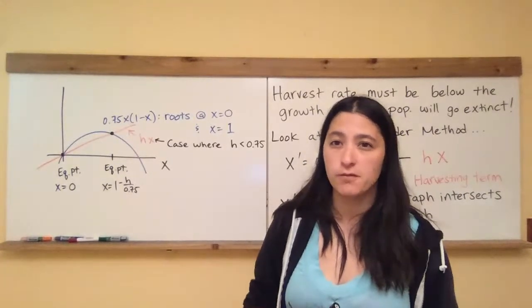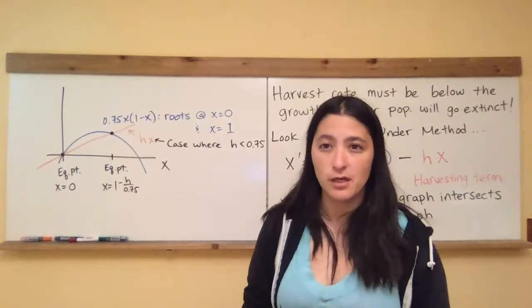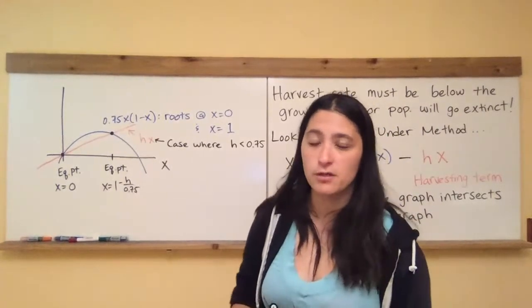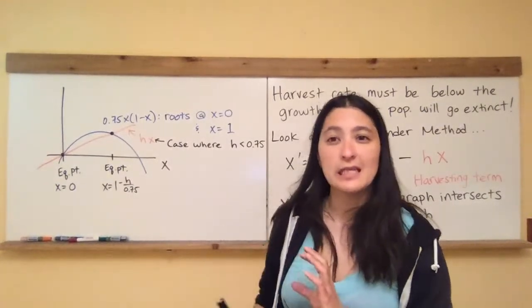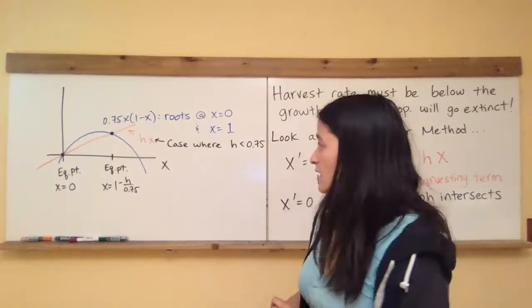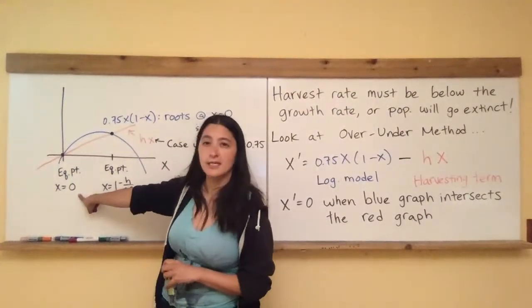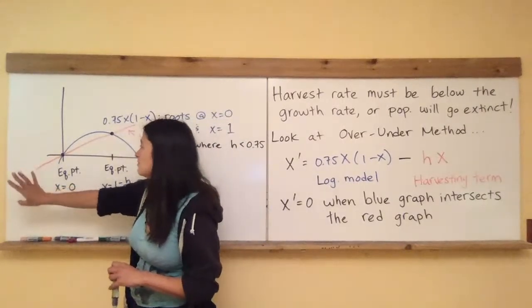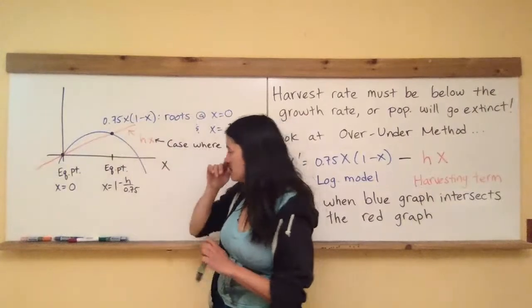So if I'm going to go from x prime being negative to positive, that's an unstable equilibrium. And then vice versa, if I'm going from x prime being positive down to negative, then that's a stable equilibrium. Okay? And so because I have two equilibrium points here, it cuts it into three different regions. Region 1, region 2, region 3.